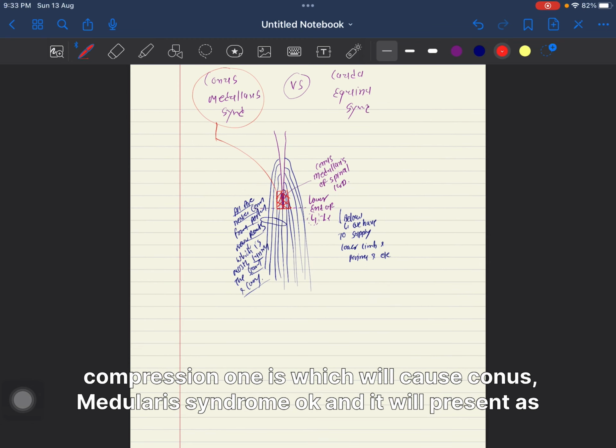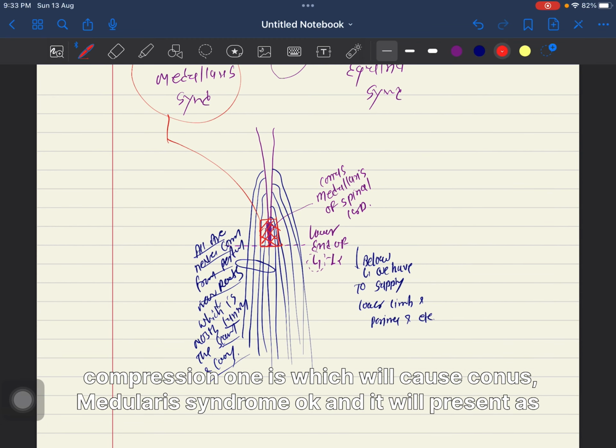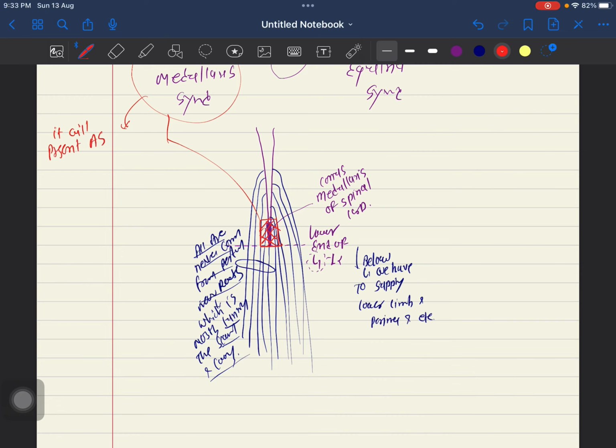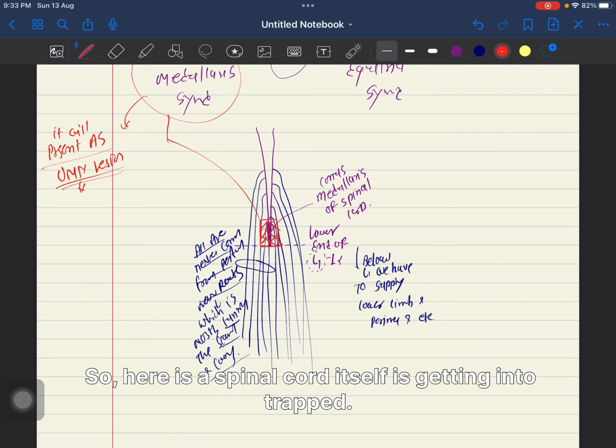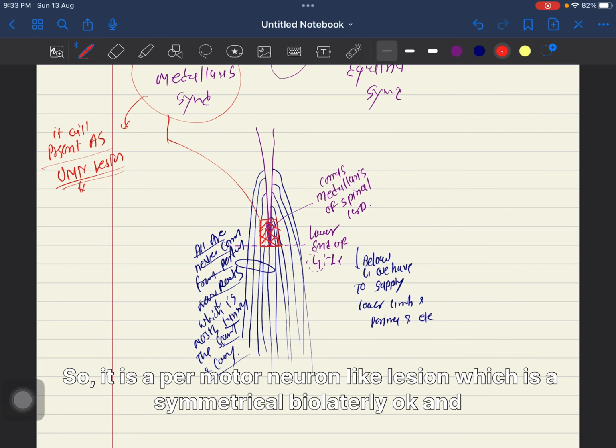Okay, and it will present as an upper motor neuron lesion. Here the spinal cord itself is getting trapped, so it is an upper motor neuron lesion, which is symmetrical, bilaterally.